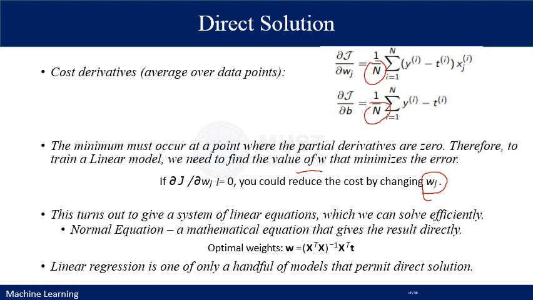This mathematical equation is called the normal equation, and these are the optimal weights which are directly calculated by learning from the input examples. Linear regression is one of only a handful of models that permit direct solutions.